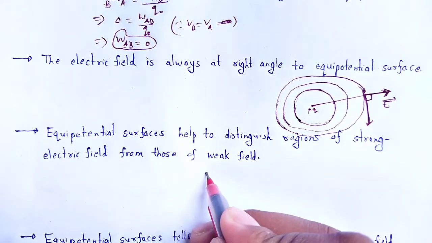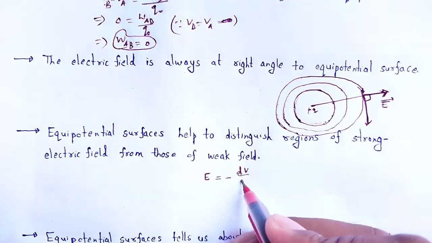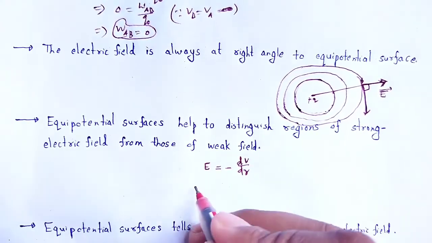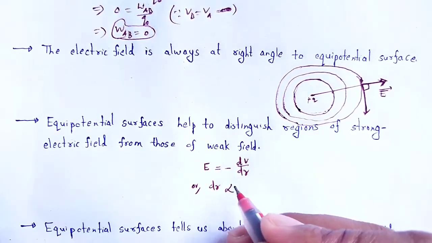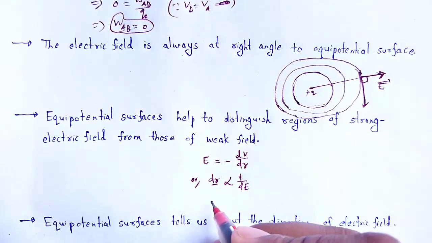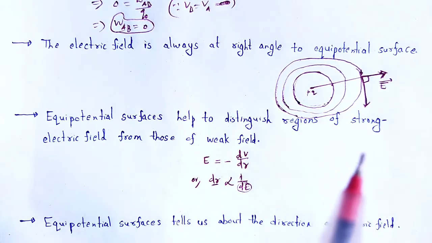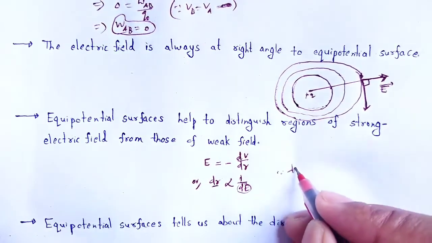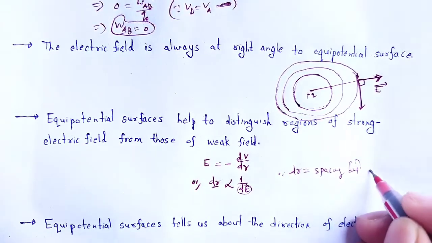As you know, electric field is the negative of the potential gradient, E equals negative dV by dr. From this expression, it is clear that dr is inversely proportional to E. The change in distance is inversely proportional to the electric field, where dr is the spacing between equipotential surfaces.